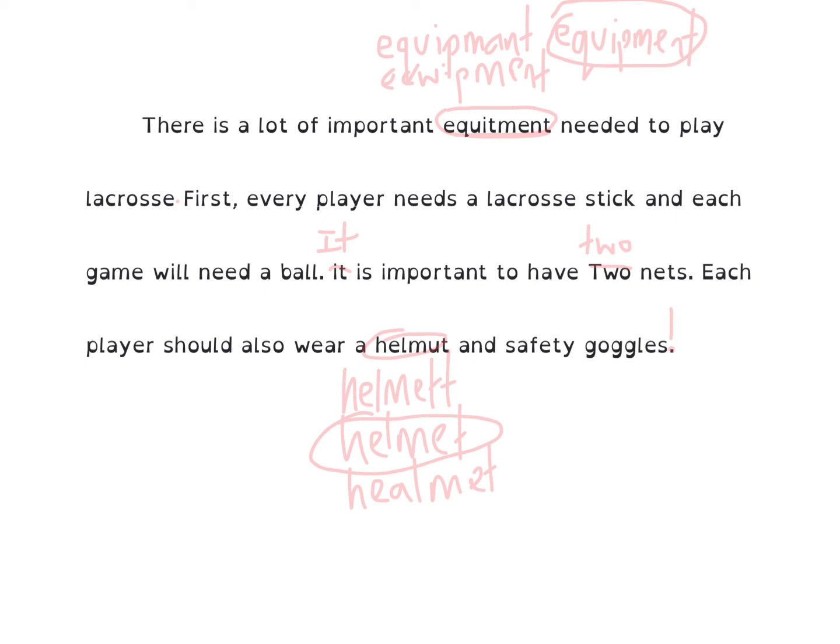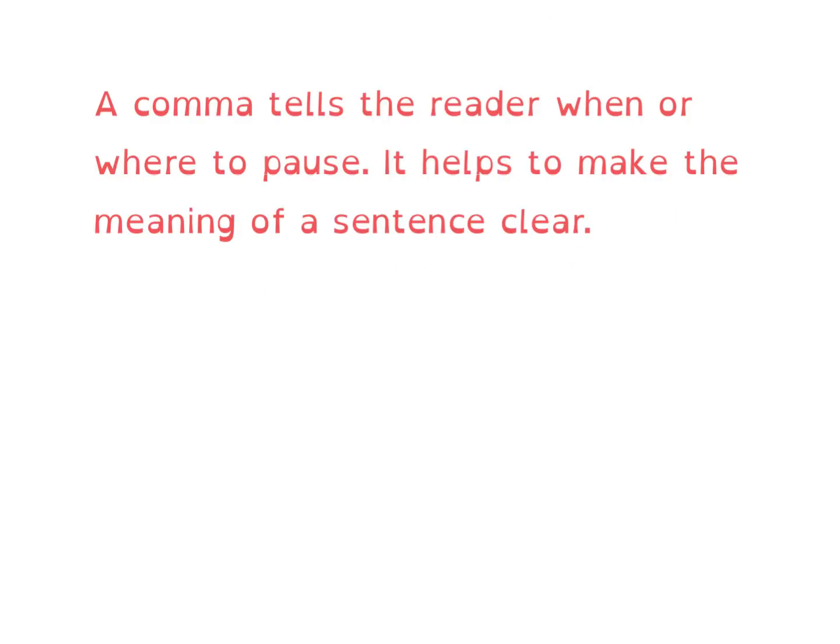All right, moving on. A comma is very important because a comma tells the reader when or where to pause. It helps to make the meaning of a sentence clear. Sometimes if you have a long sentence with some ideas that you want to combine, you use a comma to combine those thoughts. If you don't have a comma, the writing can be a bit tricky.